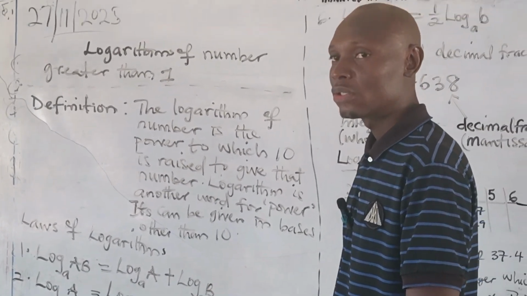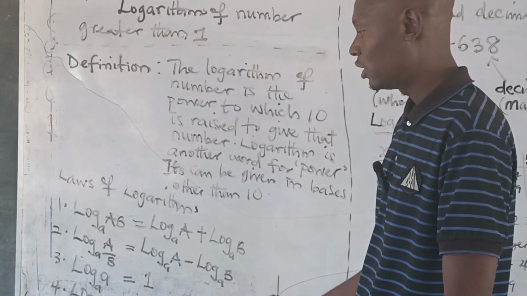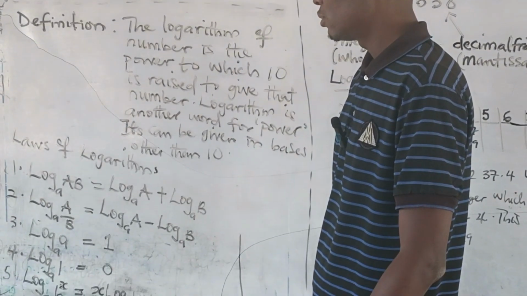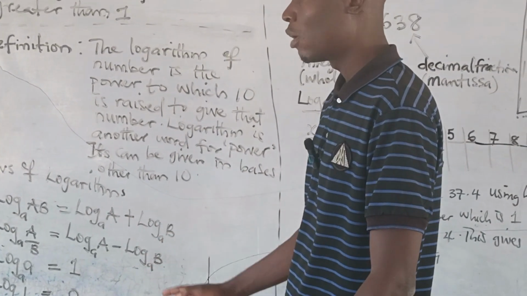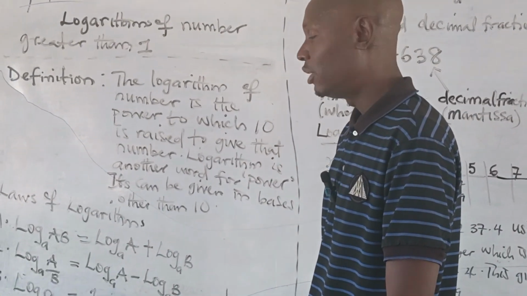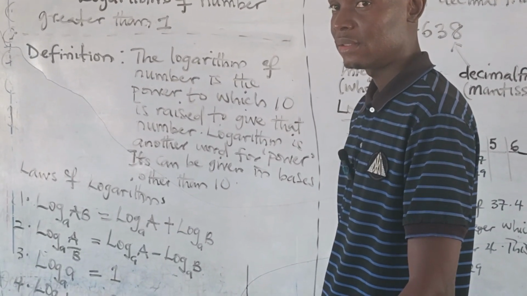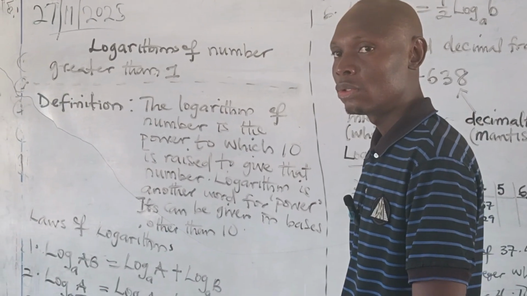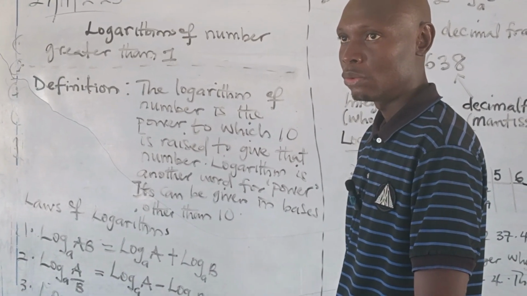So we have some laws of logarithm. As we can see here, if you have log AB base A, this is what is called the product rule.